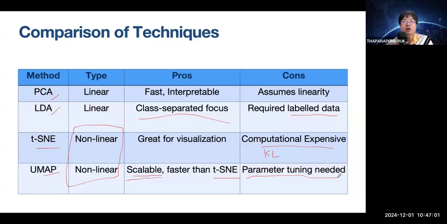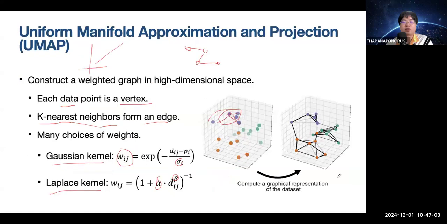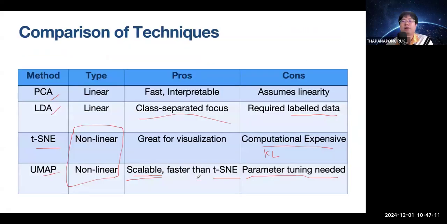And you also have additional parameters based on the kernel that you use. So there are more parameters that you have to fine tune, right? So you map faster, but you have to run multiple trials with different parameters. t-SNE is slower, but you don't have to fine tune parameters that much.